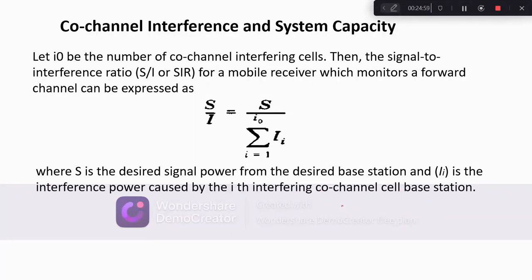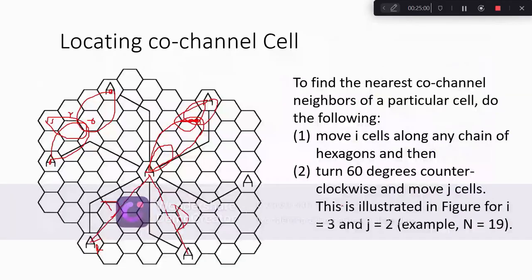And why have we used i from 1 up to a certain number? Because of the very clear concept that this cell in the middle will get interference from this one, as well as this one, and this one, and this one, and this one.